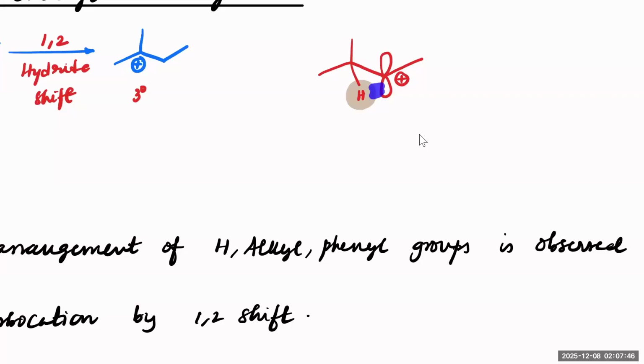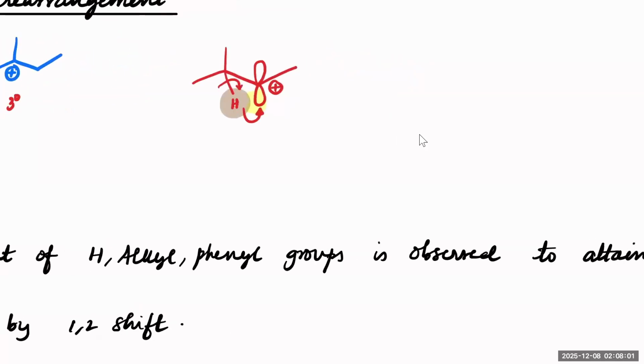As it starts overlapping, it will show attraction towards this orbital, and the bond will start breaking into H minus, which will support here. If between carbon and hydrogen the hydrogen becomes H minus, this carbon will become carbon positive. So you will get a positive charge here, with the hydride shifted here like this.